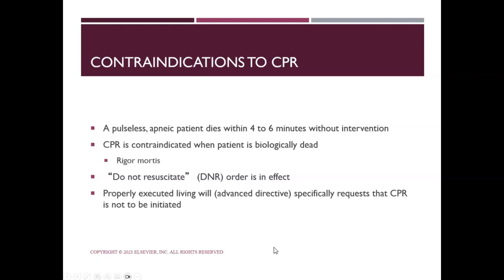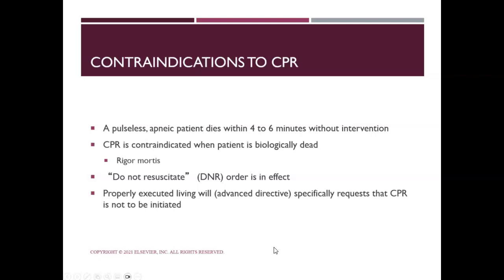So at 4 to 6 minutes, you start having brain tissue death occurring if a patient's been apneic for about 4 minutes. You probably already covered that in CP Phys, about oxygen transportation and the tissues consuming the oxygen that they have within 4 minutes. So after 4 minutes, the tissues are out of oxygen. If the blood and the lungs aren't going to deliver more oxygen to it, it's going to start going into cellular death. So you're not going to start CPR if you think the patient's biologically dead.